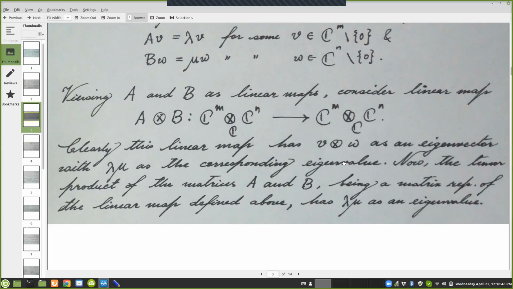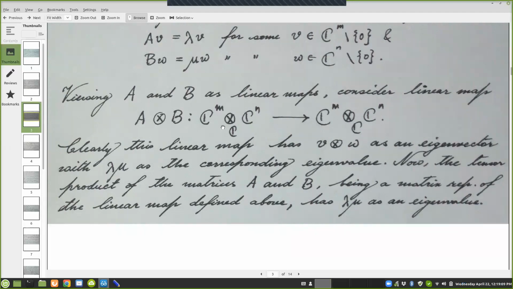Now to finish our proof, we just have to consider the matrix of this linear operator with respect to the tensor product of the standard bases of C^m and C^n.